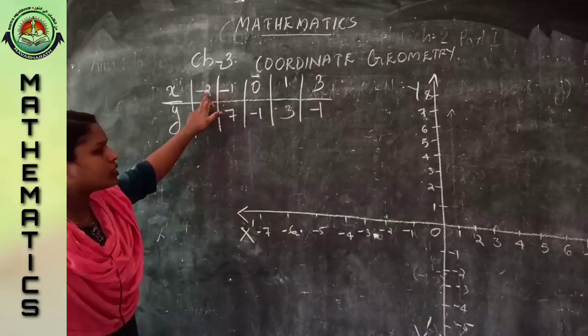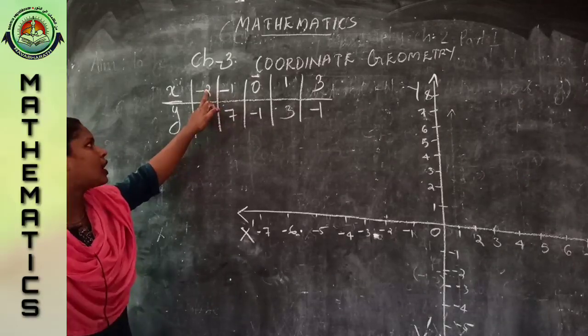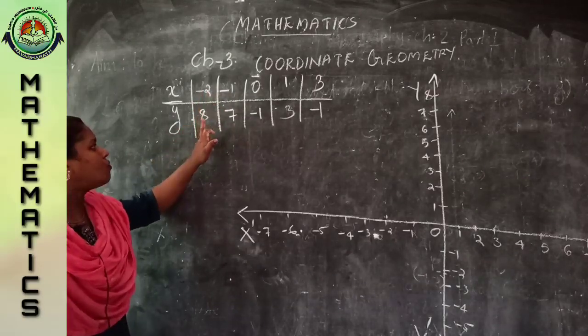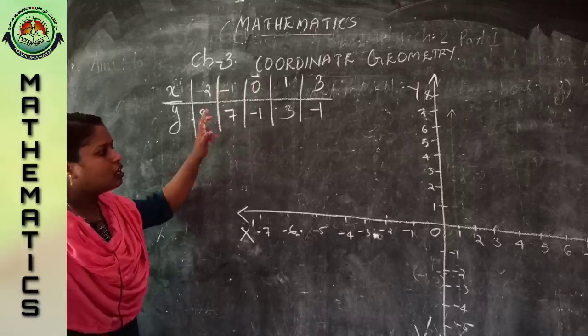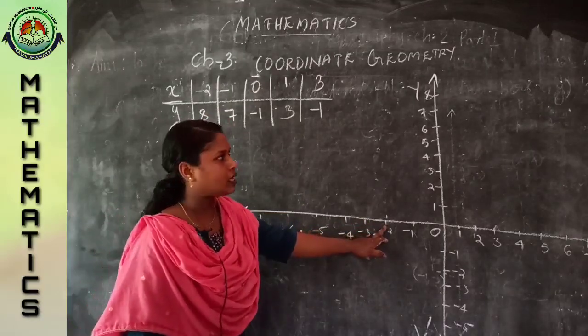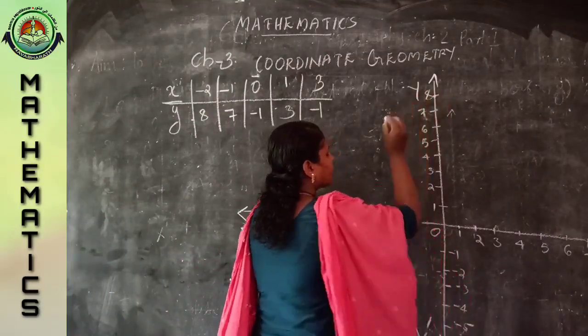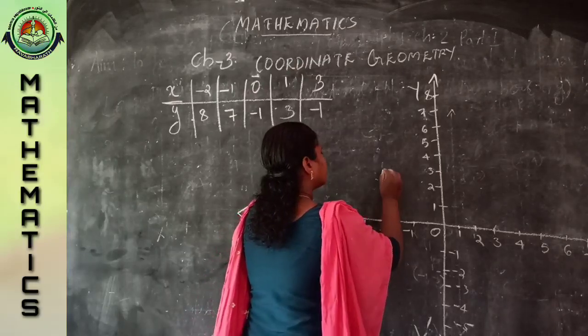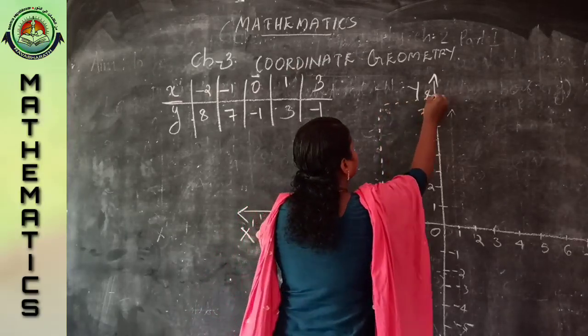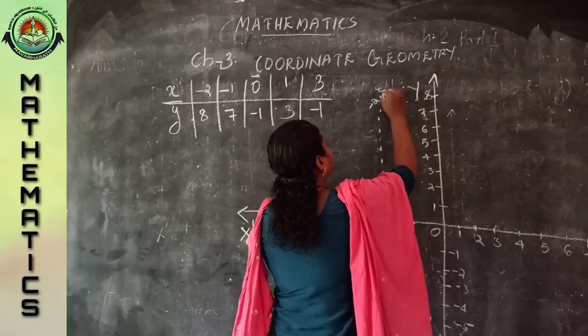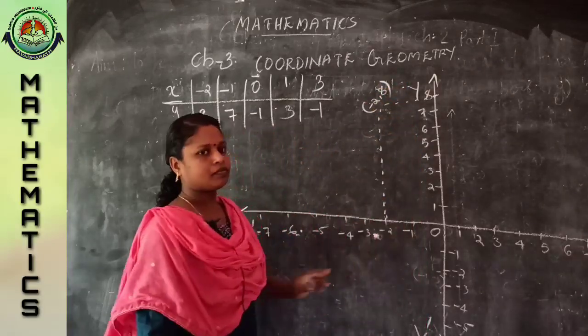Negative 2 on the x-axis and 8 on the y-axis. So we can draw it: negative 2, 8.